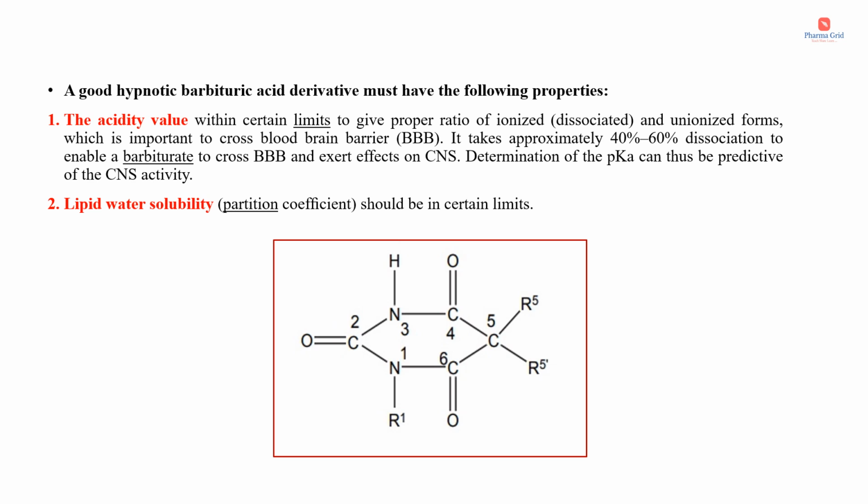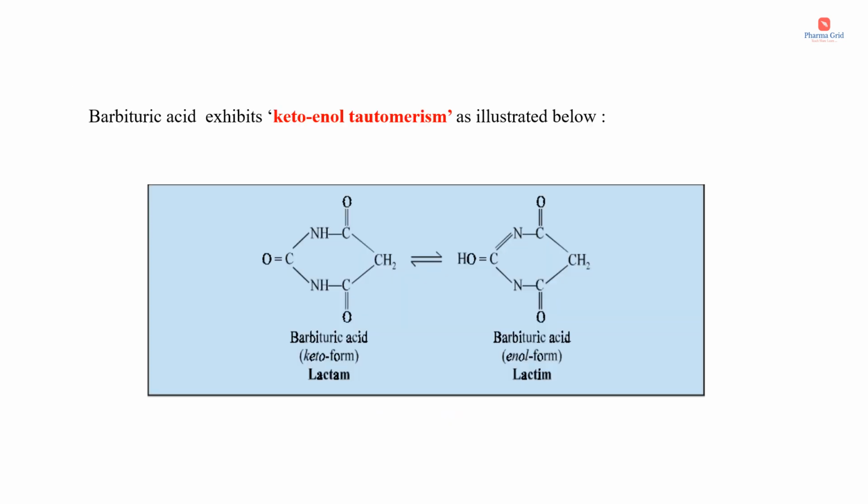The next property is the lipid-water solubility, which is the partition coefficient. It should be within certain limits. This barbituric acid exhibits keto-enol tautomerism. That means barbiturates exist in two molecular forms, the enol and keto forms. The enol forms of barbiturates are water soluble at pH 10 to 11.